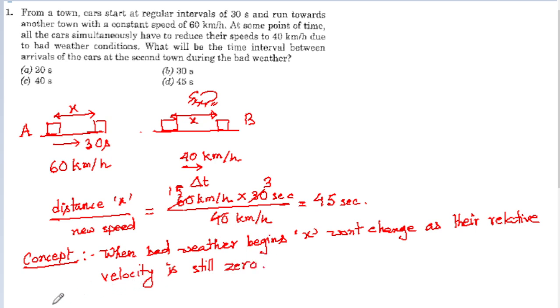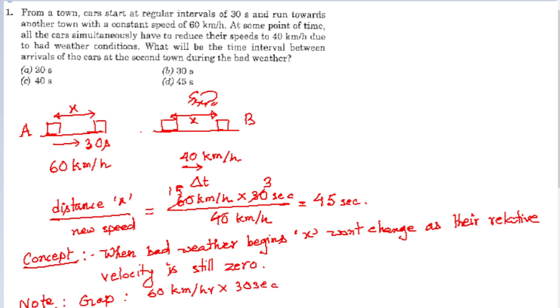Here we can note from this question that the gap is 60 kilometer per hour multiplied by 30 second.